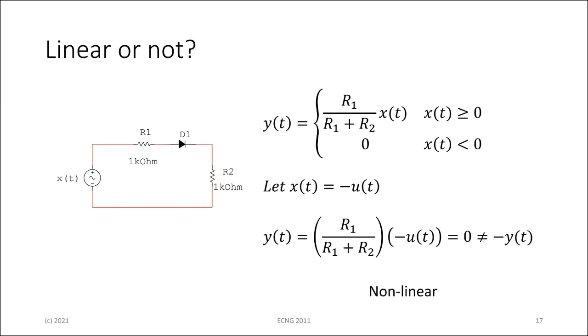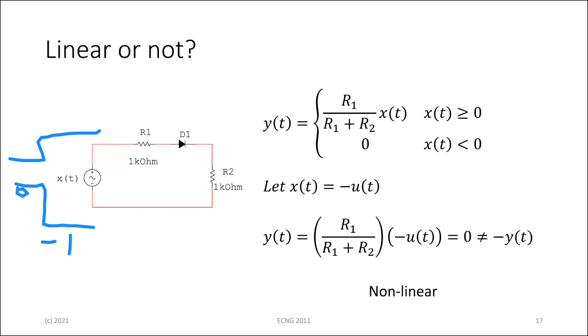But let's flip it around. If x(t) is minus u(t), in other words I'm switching it off now, then the circuit does not conduct. So instead of going up, it's going down to minus 1.